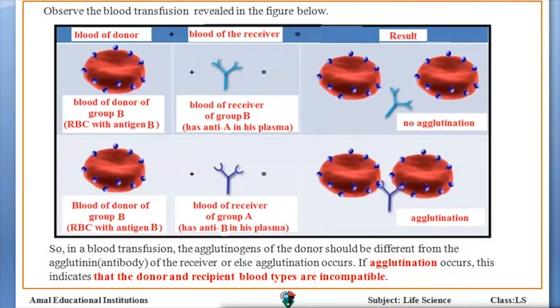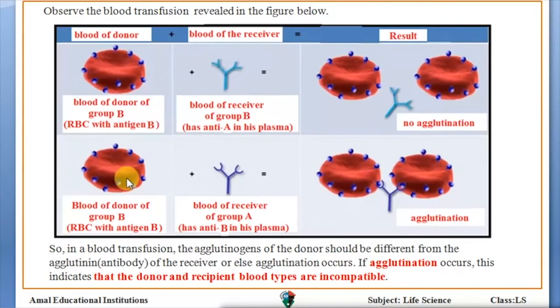Therefore, in a blood transfusion, the agglutinogen, that is, the antigen of the donor, should be different from the antibody, that is, the agglutinin of the receiver, or else agglutination will happen. The agglutinogen of the donor should be different from the agglutinin, the antibody of the receiver.